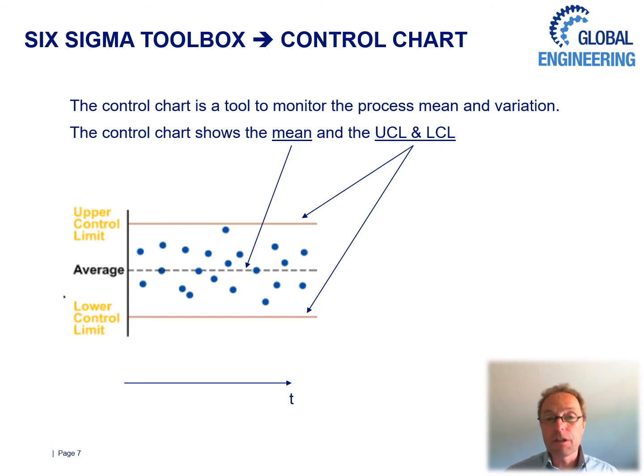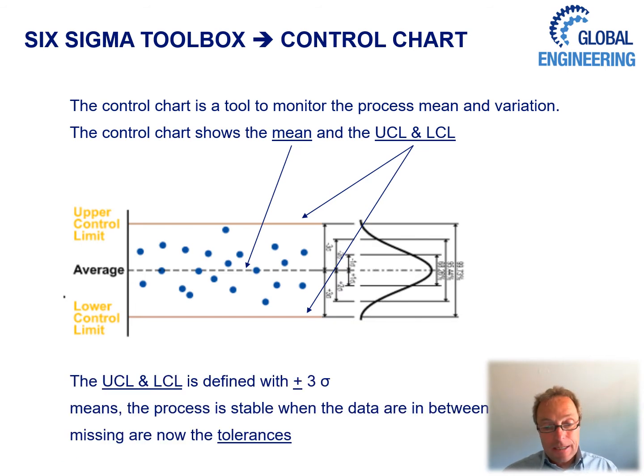And of course when we have an average and a variation, we also have a standard deviation. The control chart then calculates, from what we measure and the standard deviation sigma, the border lines at 3 times sigma, which are called upper control limit and lower control limit. So the upper and lower control limits are defined with plus minus 3 sigma.